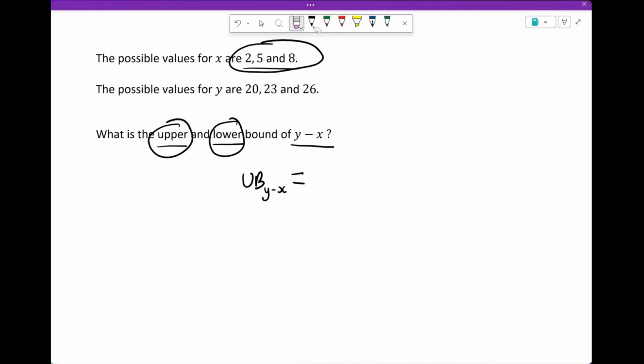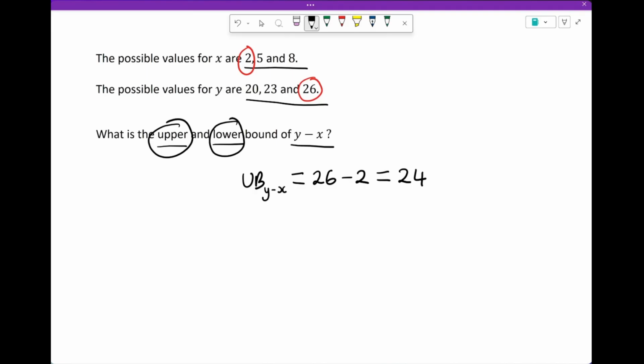Essentially, I need to pick a value from the y numbers and a value from the x numbers such that the difference between the two numbers is as large as possible. So therefore, for y, pick 26, and then for x, pick 2, because those are the two numbers that have the biggest difference. So the calculation we want to do is our value for y, 26, subtract our value for x, which is 2, and that is going to give us the biggest difference, which is 24.